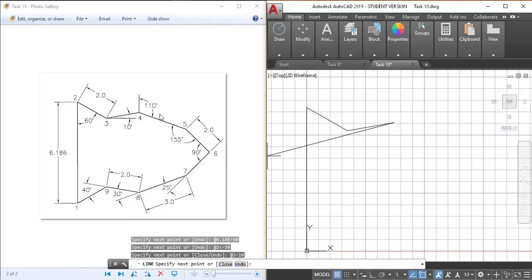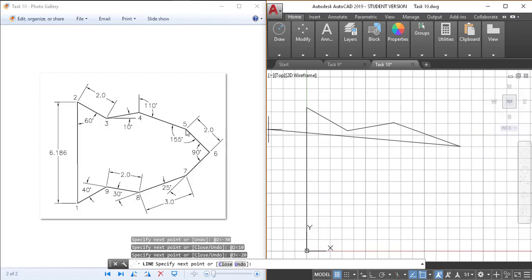It will be 110 minus 90, so it means it would be minus 20 degrees, and the length is given as 3, because this line is the mirror image of this line. So the command will be @3<-20.